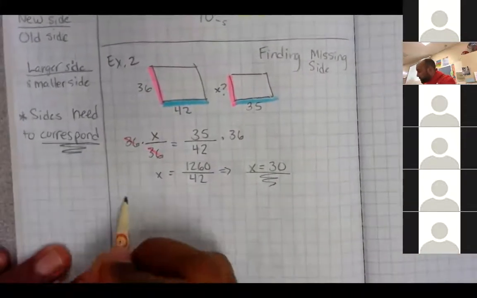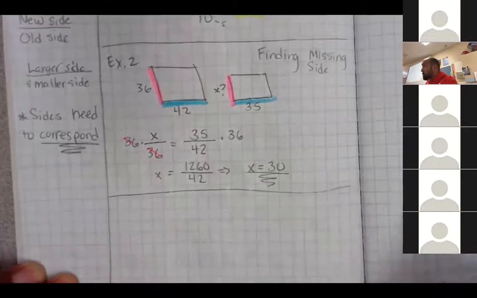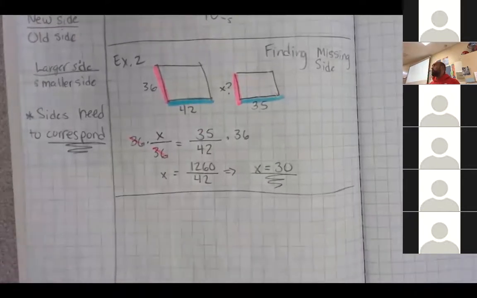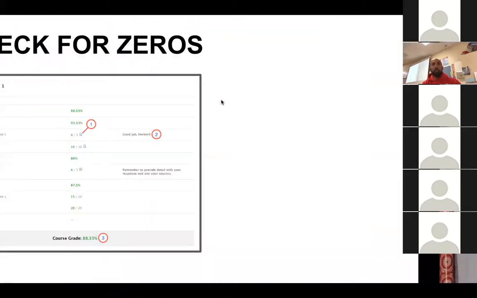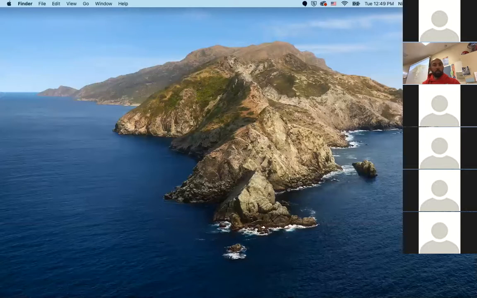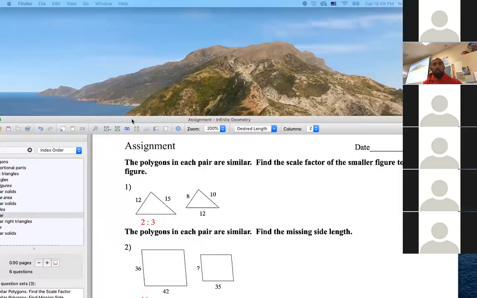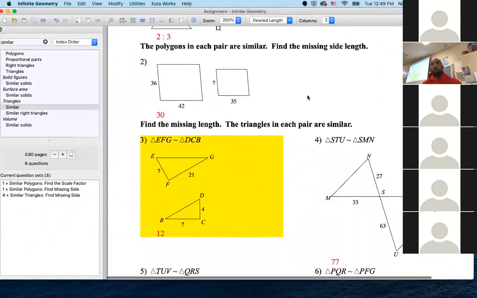Okay. Last example. And actually, we're running out of time there. So what I'm going to do is just show you guys real quick an example that I want to share with you because we are running out of time here. And just kind of how to go about this, but you guys will learn about it in the Edpuzzle.